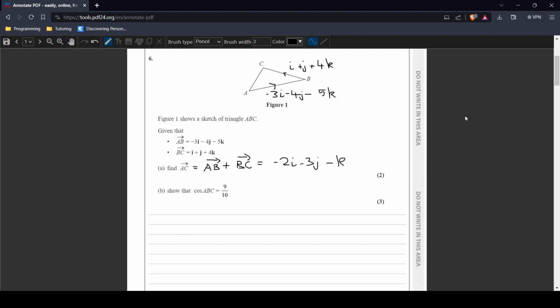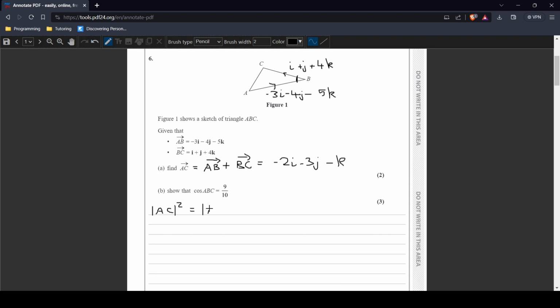And now for part B, we need to show that the cosine of angle ABC, so this angle here, is equal to 9/10. So for this, we're going to use the cosine rule. Now the cosine rule states that the square of the modulus of side AC, so this side here, the length squared, is equal to the sum of the length squared of the other two sides, so almost like Pythagoras.